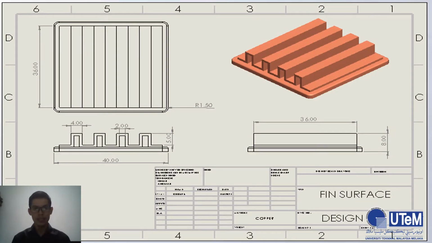Assalamualaikum, my name is Ashraf Arushdi and I will explain the second design that our group decided to make. As you can see, the length and width are 40 mm and the height is 8 mm, and it is made of copper.